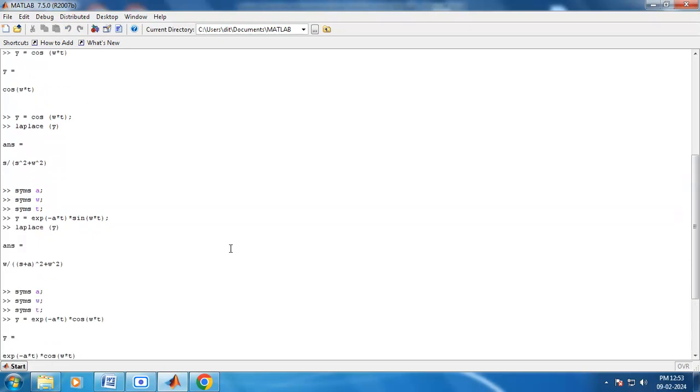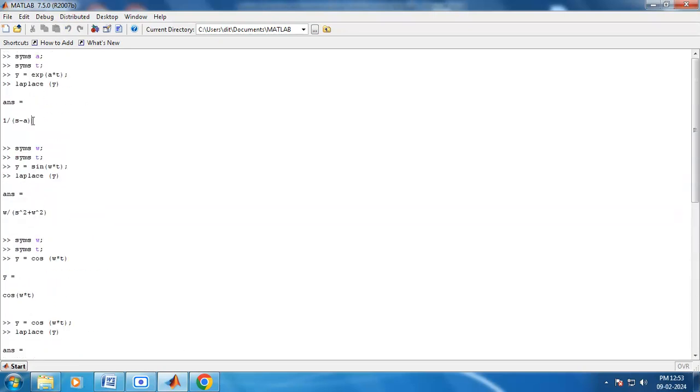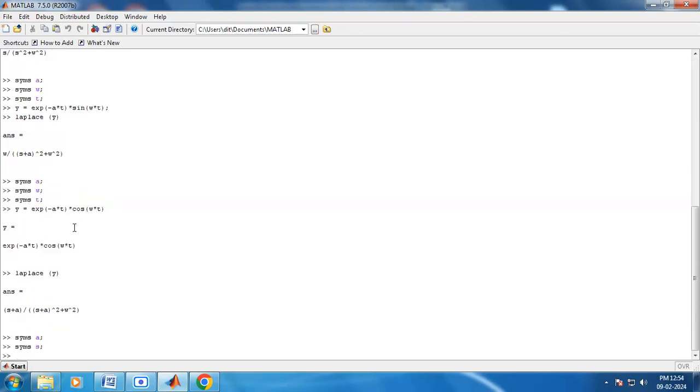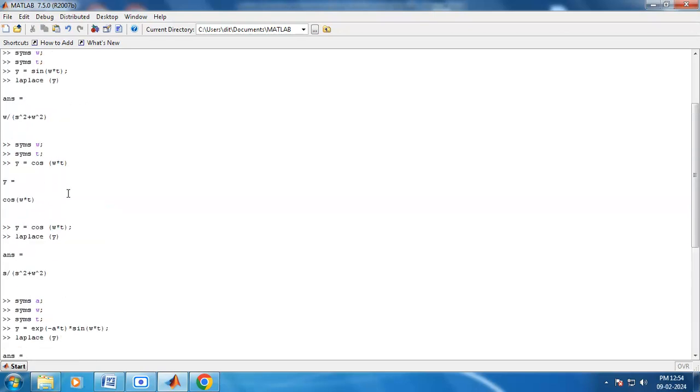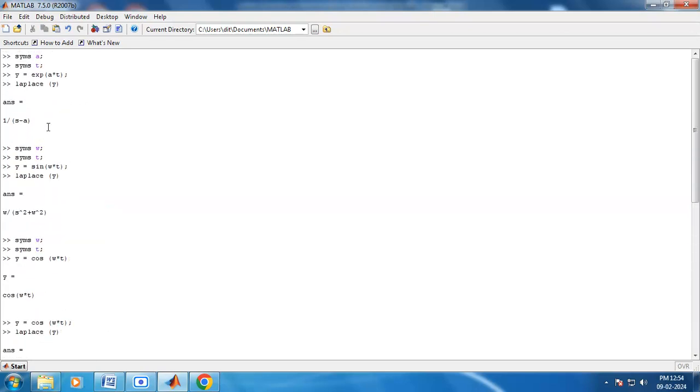Now I can copy this. Here we are taking the inverse Laplace of the same function that was the result of the Laplace, so it will be verified whether it is working or not.